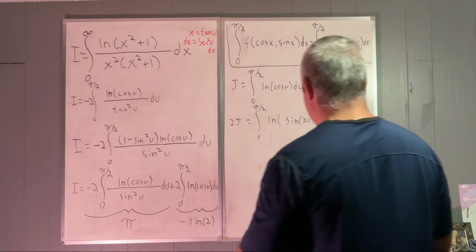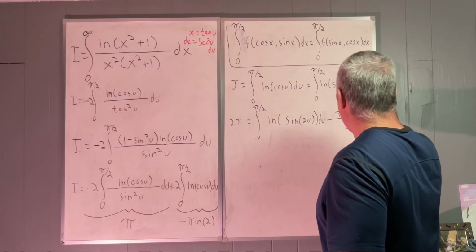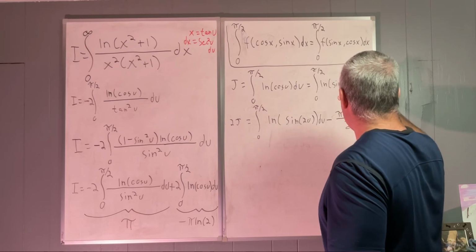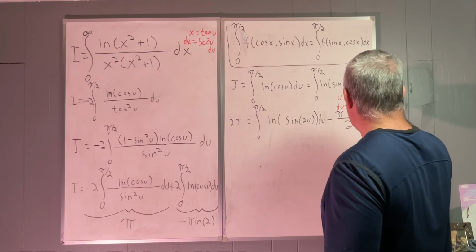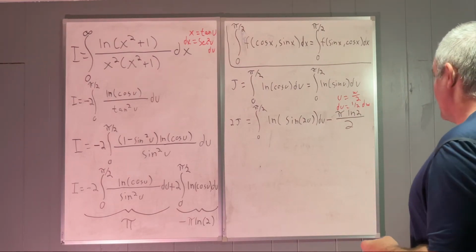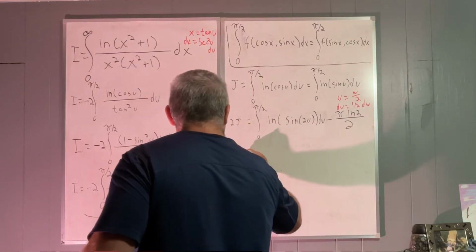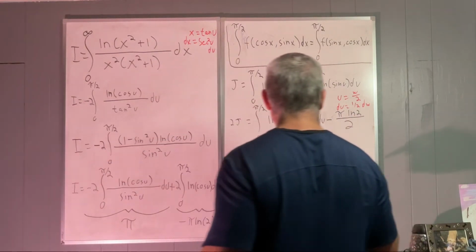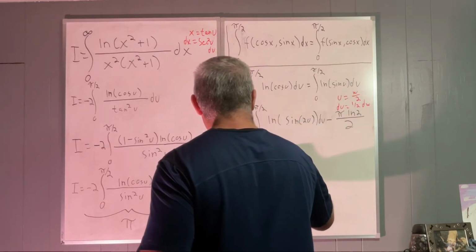Let's make another substitution. We're going to say that u is equal to w over 2. Therefore, du is equal to 1/2 dw. All right. Let's apply that substitution. We know that 2j is equal to the integral.